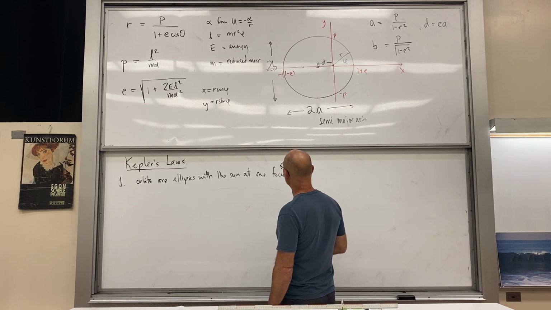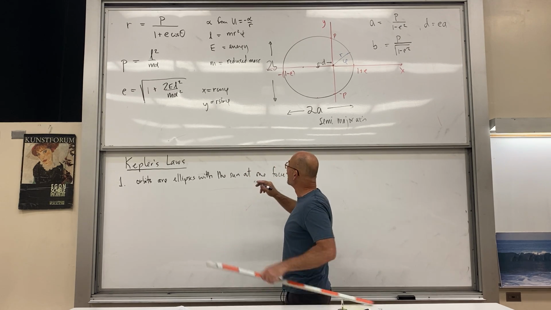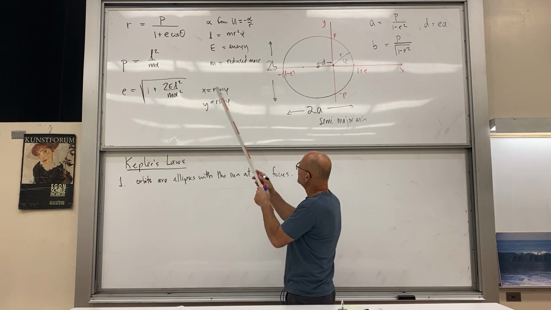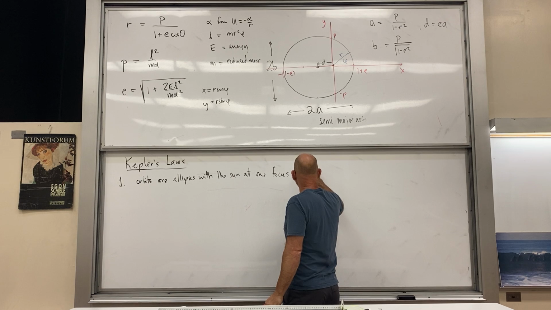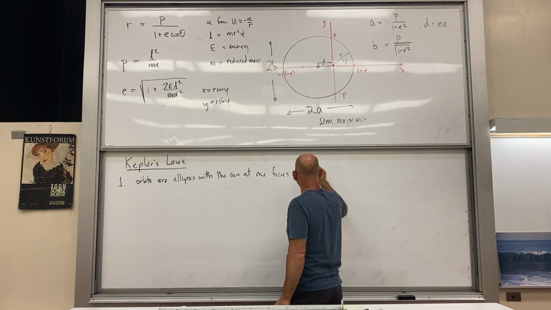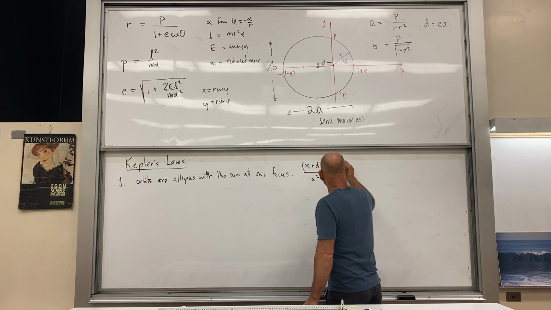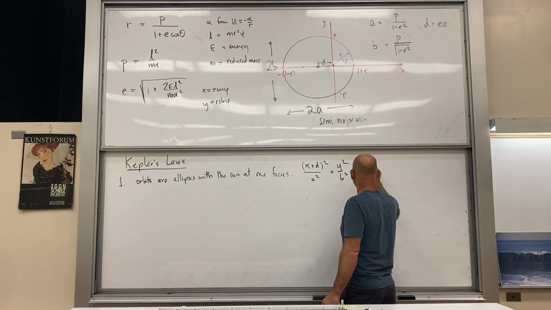And what you guys are doing, as I showed last time, is you're turning this thing into x plus d squared over a squared plus y squared over b squared is equal to 1.